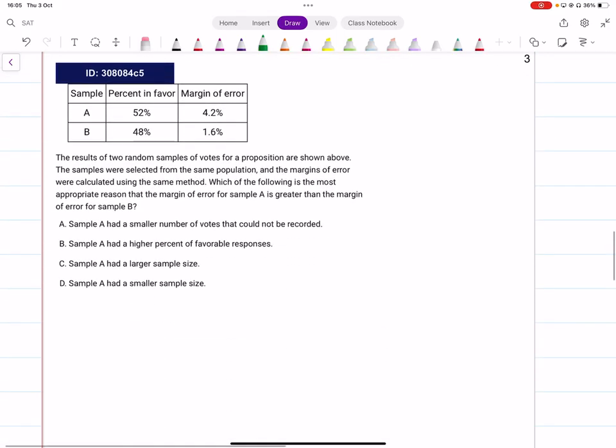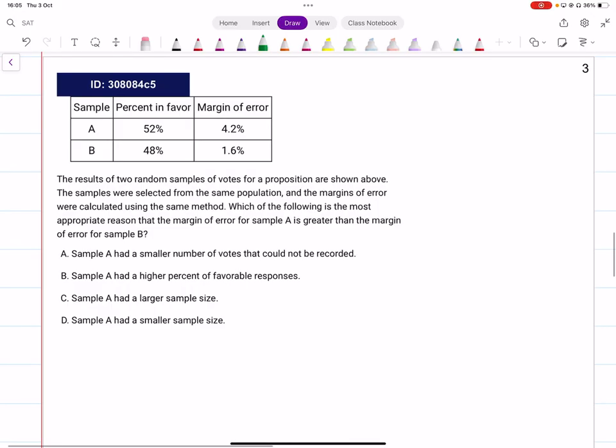Okay. The next one is question number 3 from this PDF. The results of two random samples of votes for a proposition are shown above. Percent in favor for sample A is 52%, and percent in favor for sample B is 48%, and we have their margins of error.